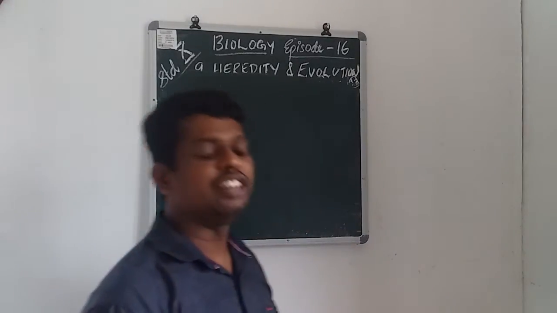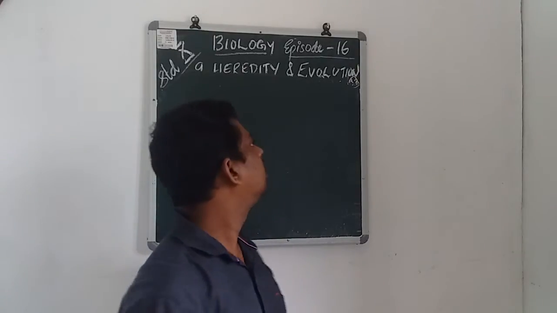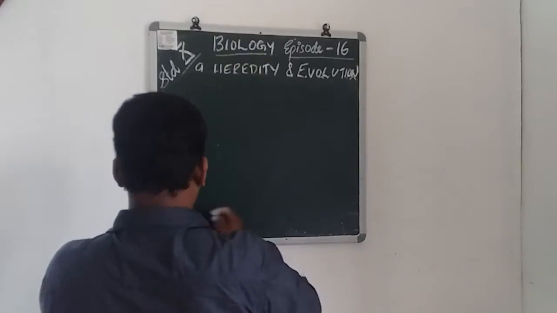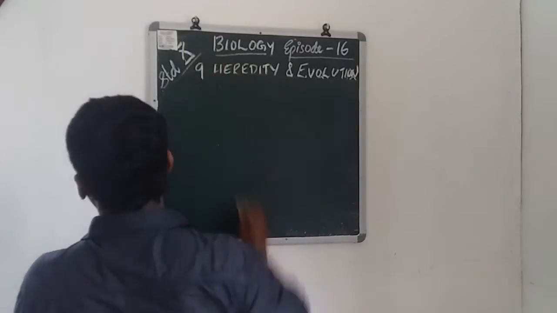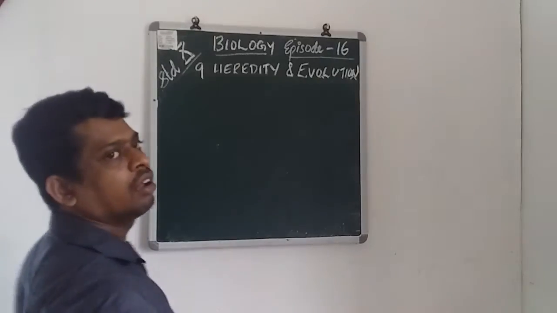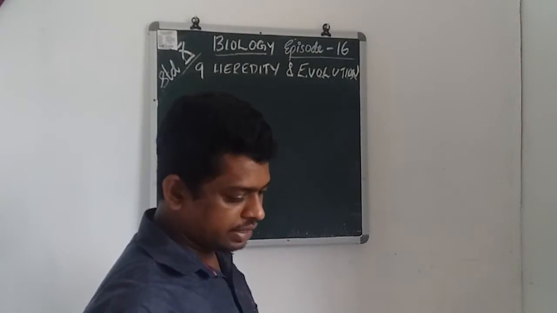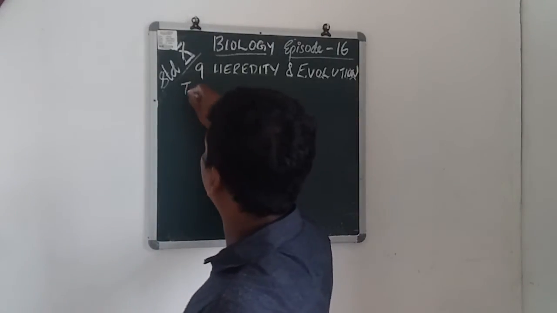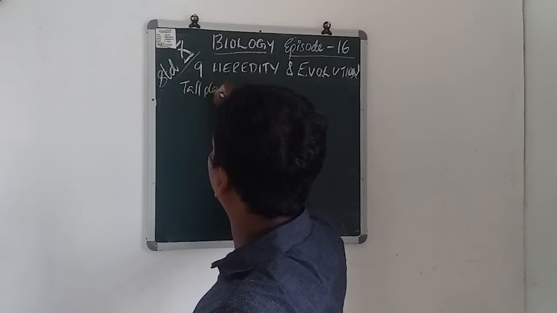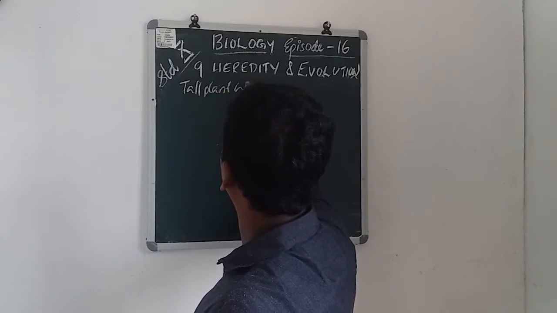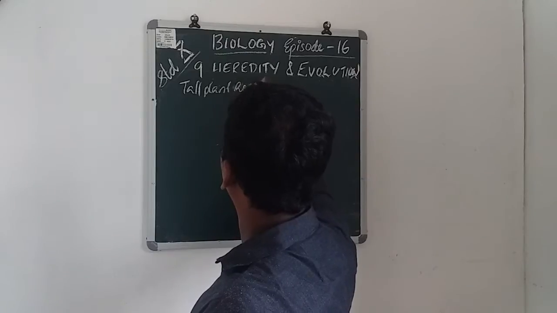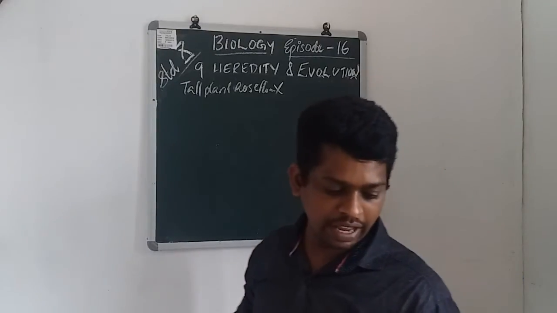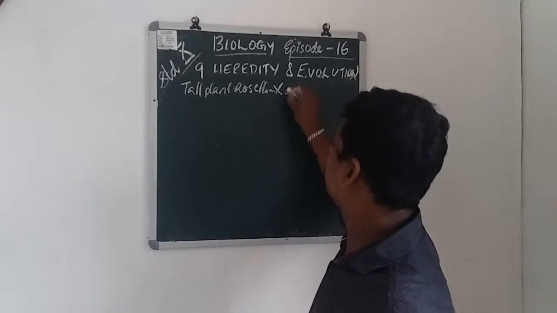And then we discuss another example of the dihybrid cross. That is a tall plant with rose flower and a dwarf plant with white flower.